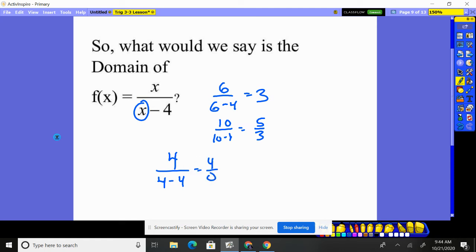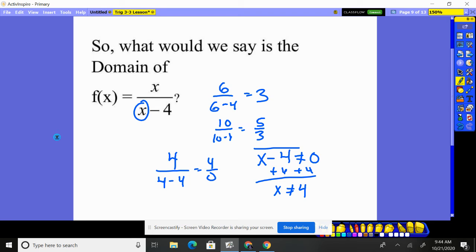Uh-oh, we got trouble. So what happens is in a fraction, we say, hey, you could be anything. Everybody works except for we cannot let that bottom part in the denominator, we cannot let that guy come out to be a 0. So if we simply solve it, you and I can see x can't be a 4. We can't allow it to be a 4.